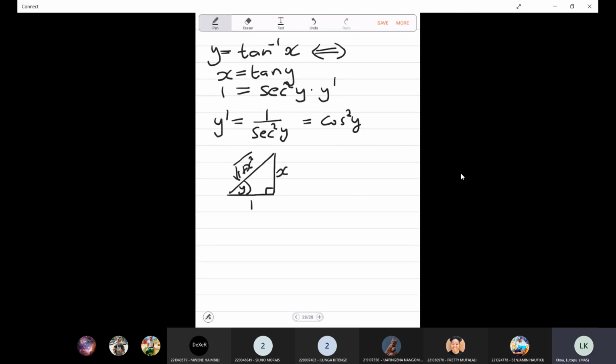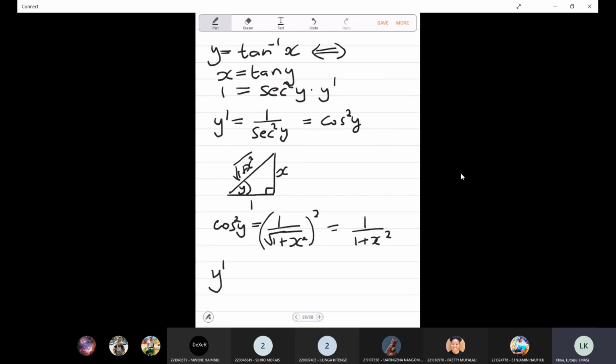Okay, so we have cos of y. This is 1 over the square root of 1 plus x squared. So if you want cos squared of y, we square this, and then we will get 1 over 1 plus x squared.